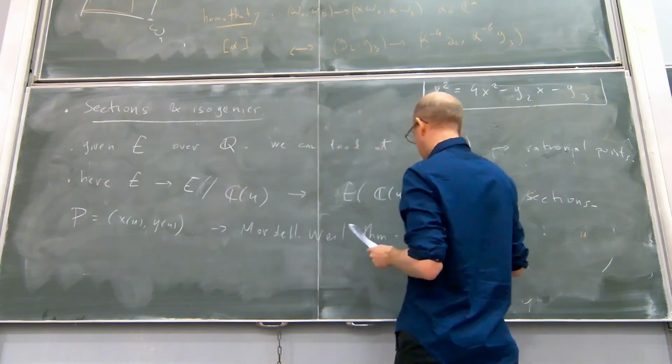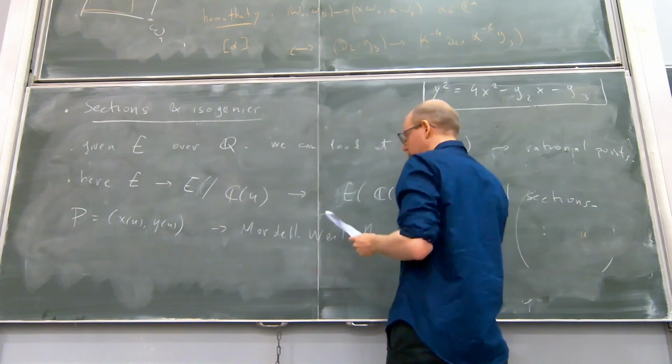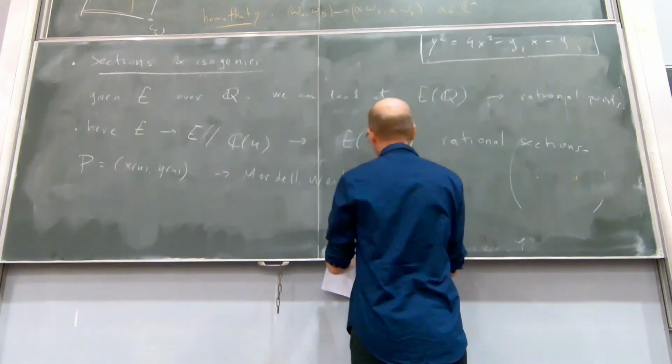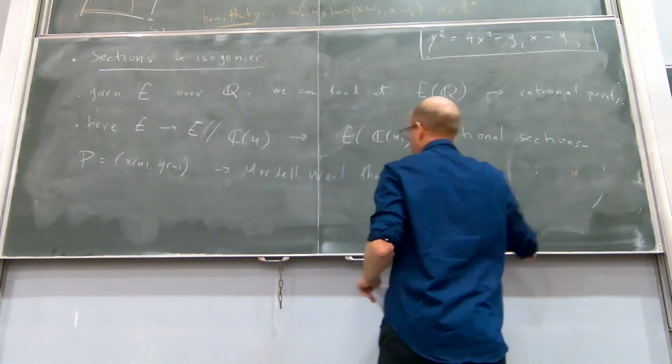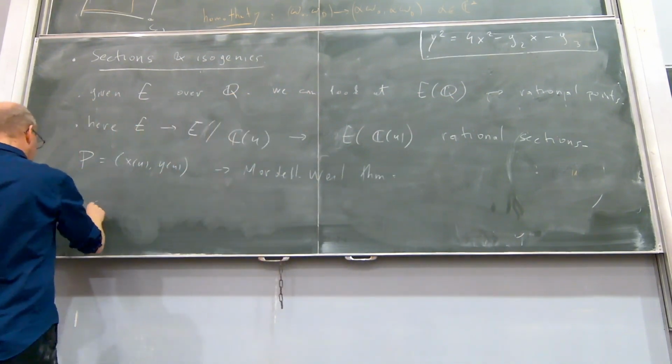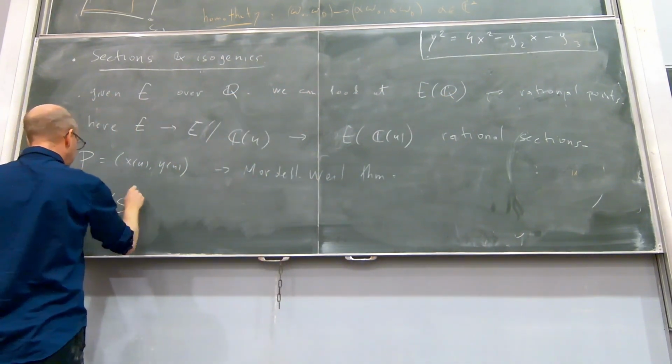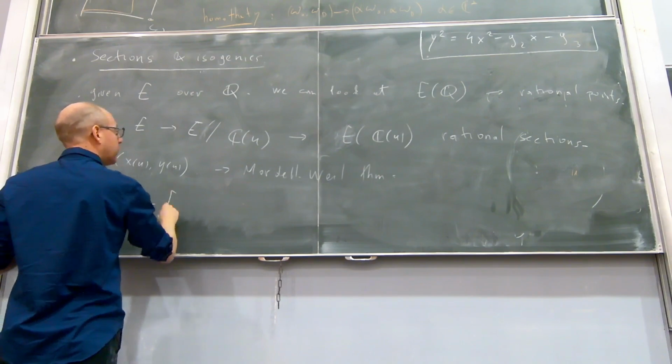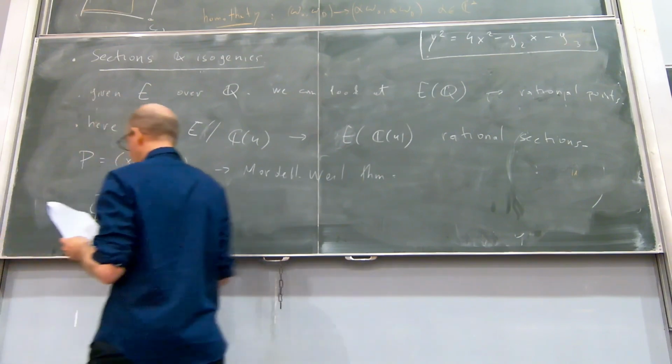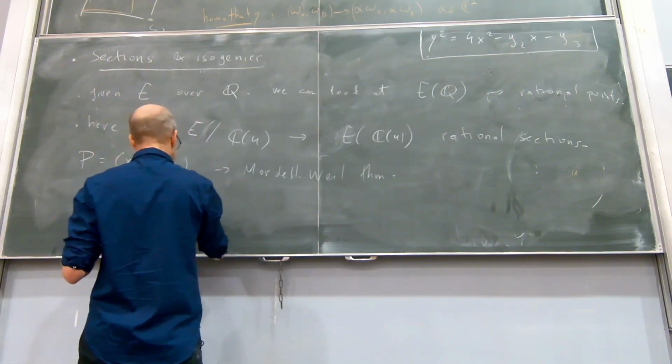That tells you that, I'll explain the notation in a moment, but my space of functions, I will write it as phi. That's the section, the rational section.